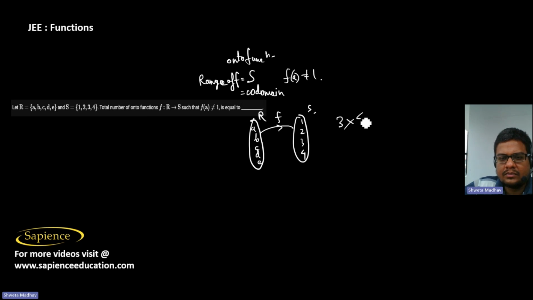So B will have 4 options, C will have 3 options. D can also map with 1, A cannot map with 1.